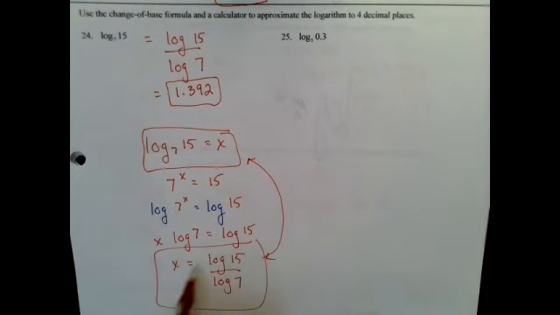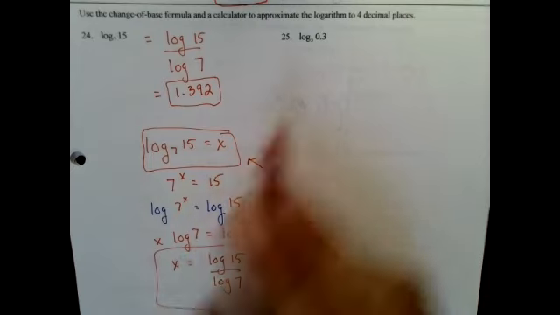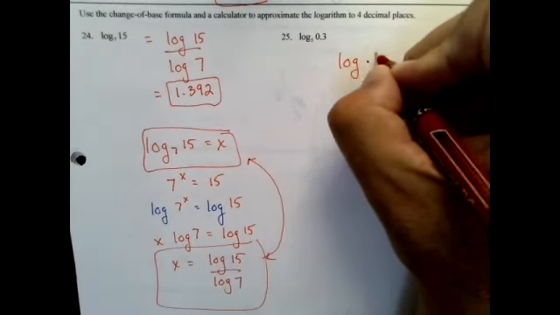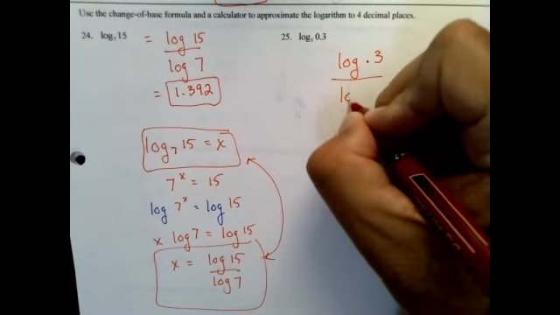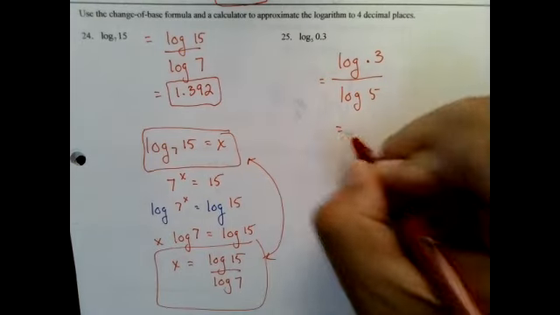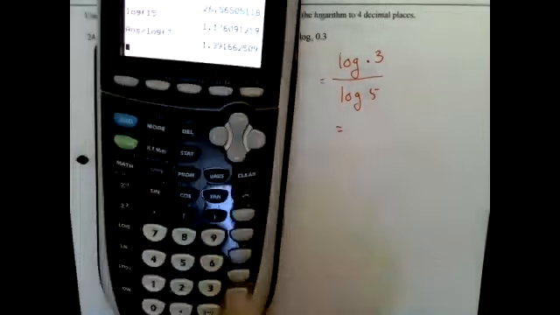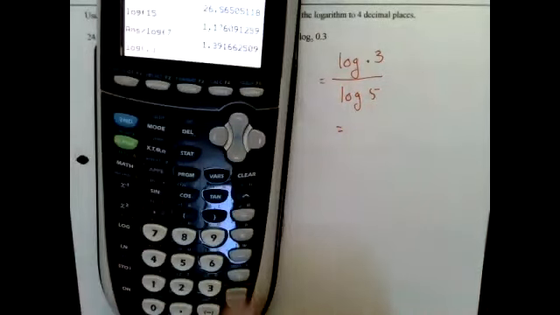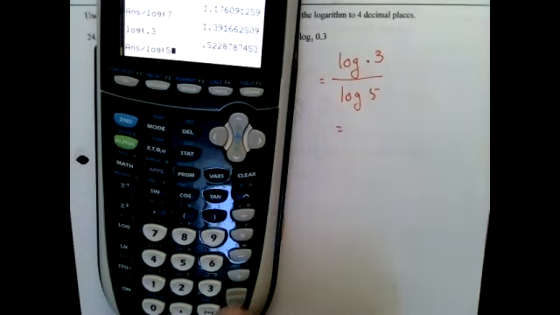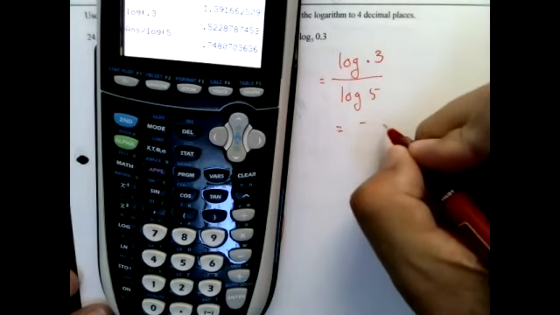We derived it, so we know that it exists. Log of 0.3 over the log of 5. Again, putting it right in the calculator. Log of 0.3 divided by log of 5. Negative 0.748.